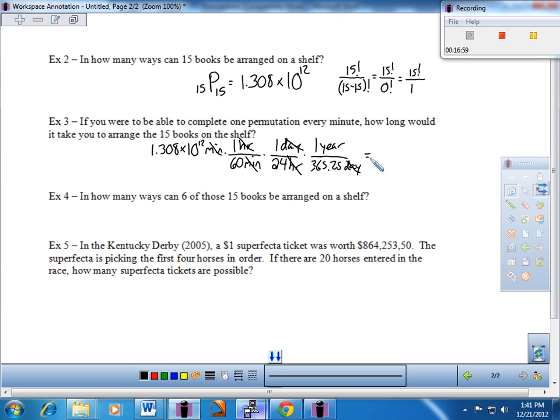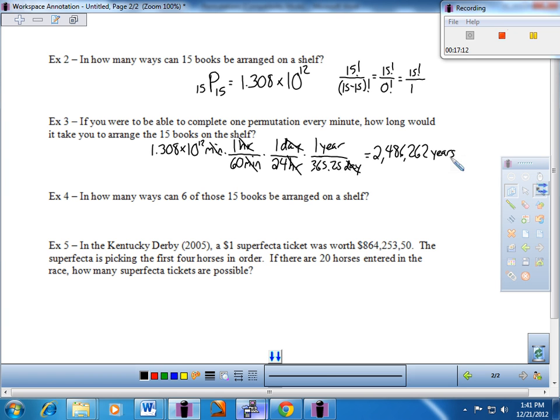So even if you did all that, and you're able to do 1 permutation every single minute, this is the number of years that would be in play. Oh my goodness. So you could see how dramatically large something pretty simple like 15 factorial, or a permutation 15P15, is.